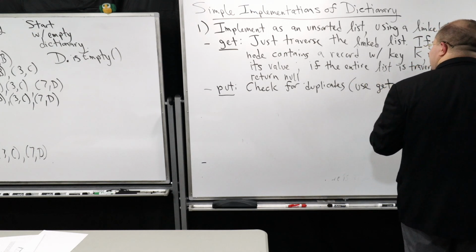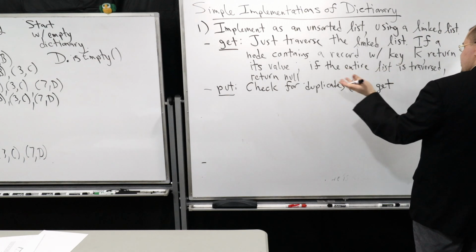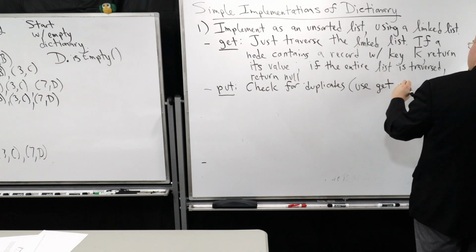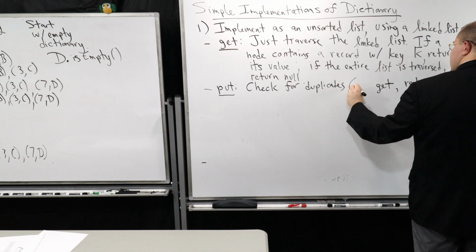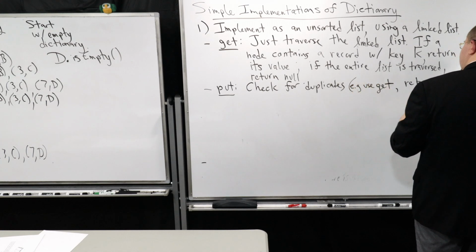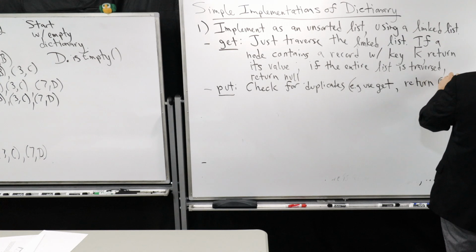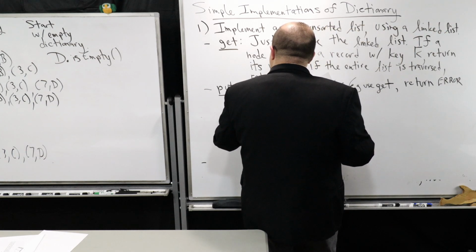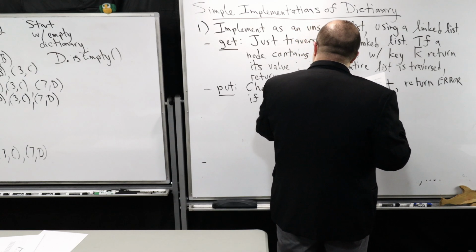It'll give you the sufficient information to determine if there's duplicates. So just traverse the list to check for duplicates. And I'll just say, example, use get, and then we'll return error if a duplicate is found.